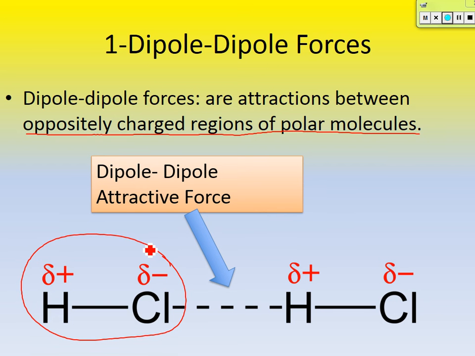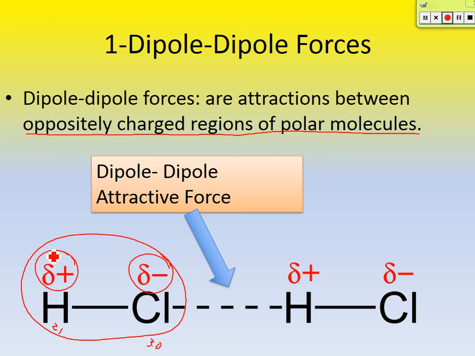This is a hydrogen chloride molecule. Hydrogen's electronegativity value is 2.1. Chlorine's is 3.0. Because chlorine has a higher electronegativity value, it pulls the electrons in this bond a little closer to it. And since electrons are negative, this side's slightly negative. That means this side's slightly positive.